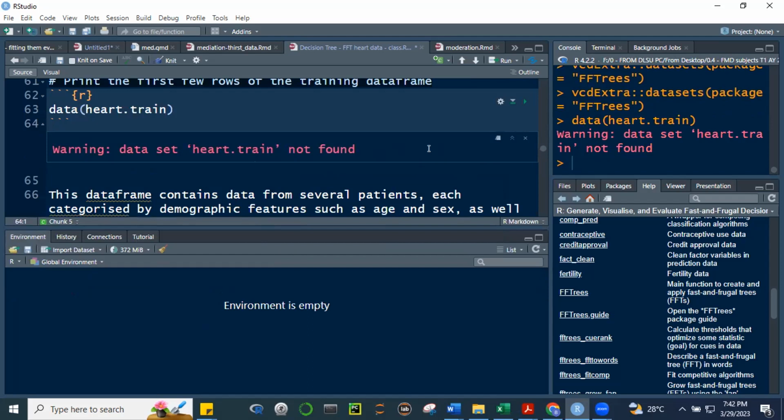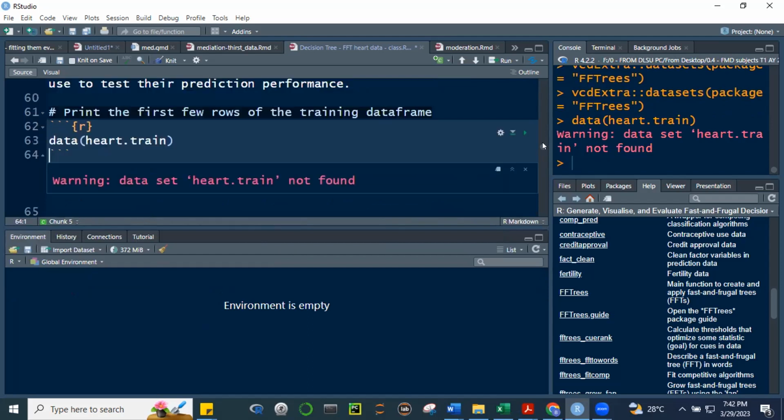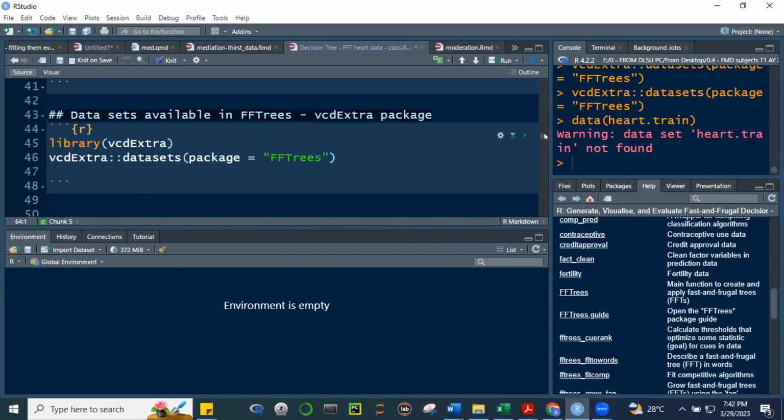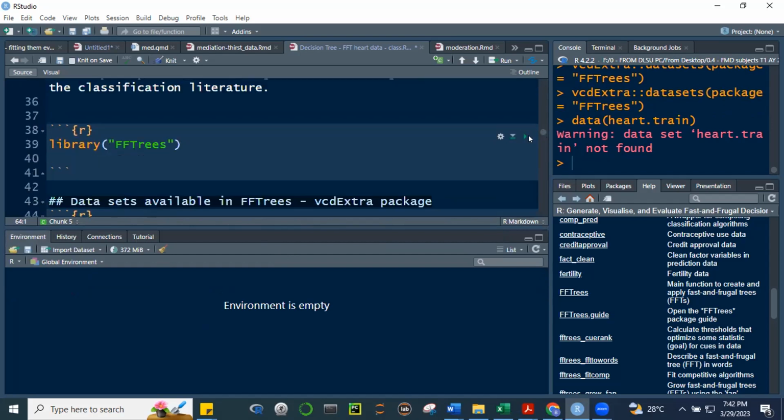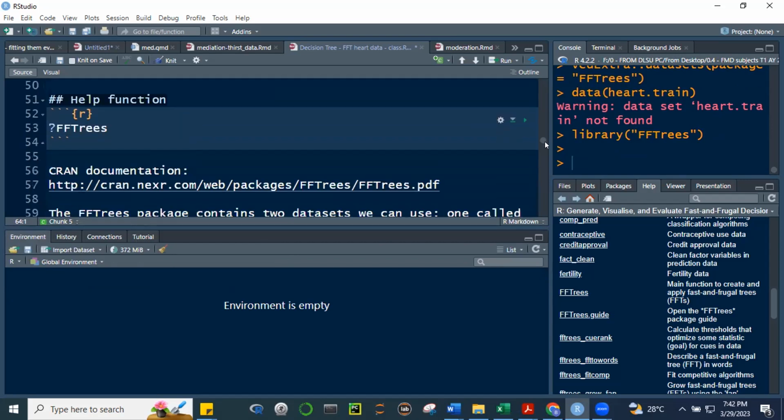Wait. Na-load ko na ba si FF3s? Hindi ko pa yata na-load si FF3s. Okay, na-load ko na.